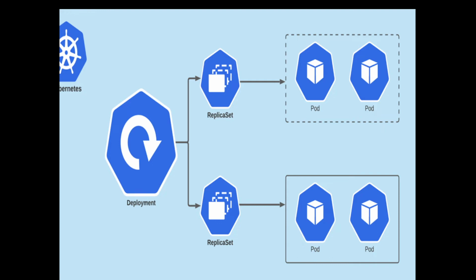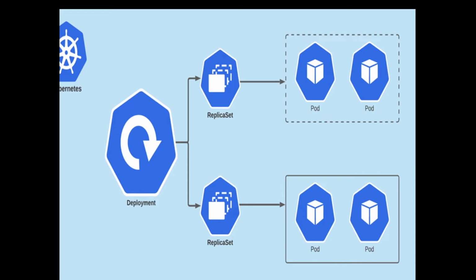And one more good feature in deployment here is, when we are deploying a new version, the replica set of the old version will not be deleted. The only thing is the pod count will be 0 there.